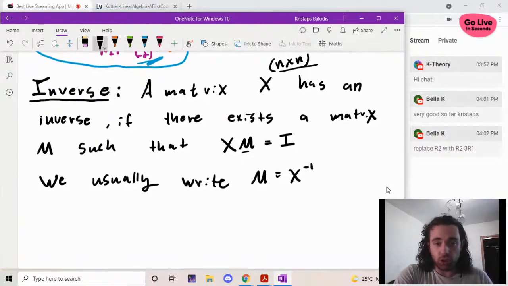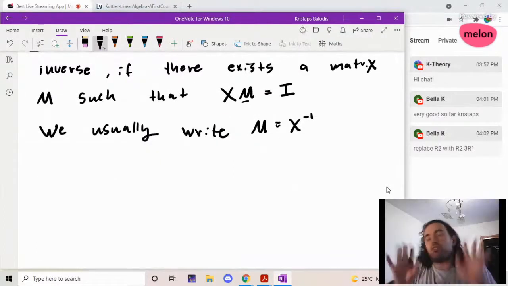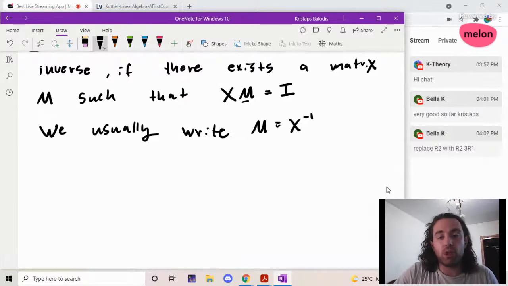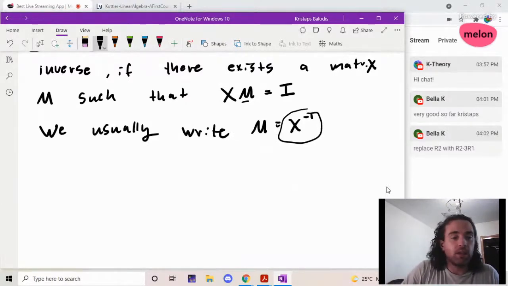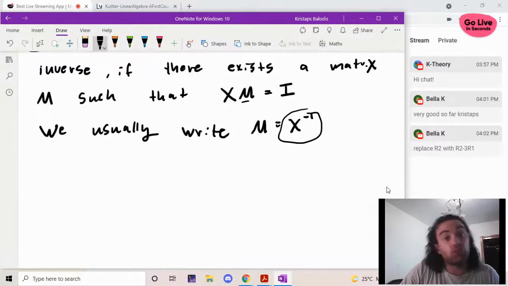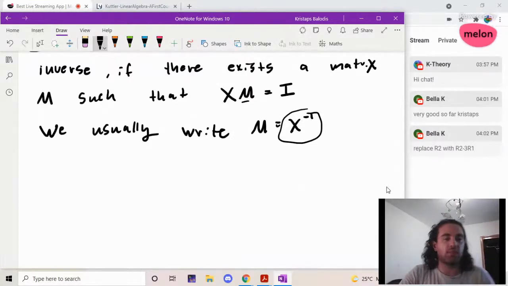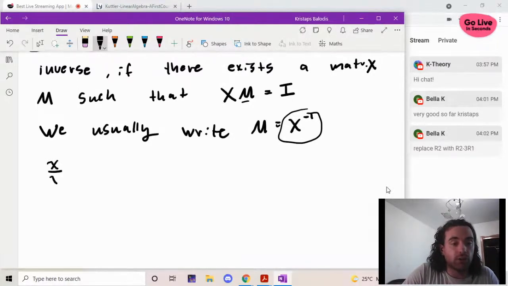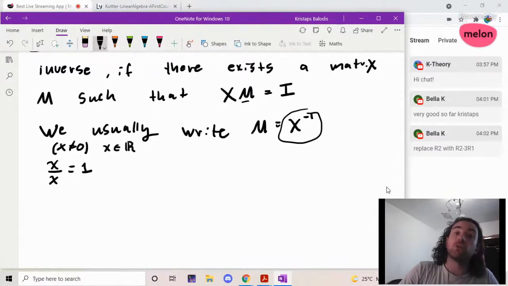Now, there's no such thing as dividing by matrices. But the reason why we use this notation is if we think about just numbers, what does it mean for a number to have an inverse? Well, we know that as long as X is not equal to 0, because we're not allowed to divide by 0, where X is just some real number, then I know that X divided by X is equal to 1.